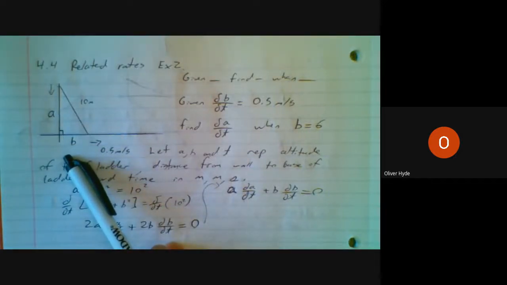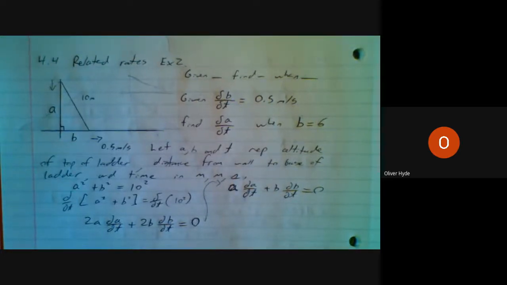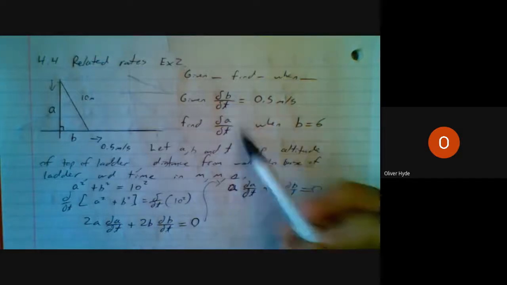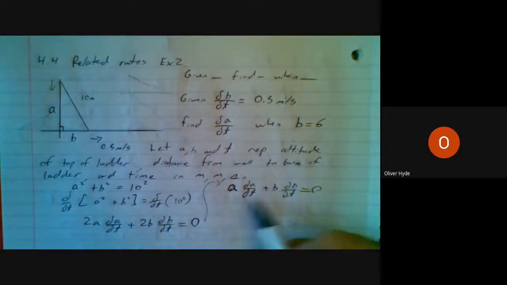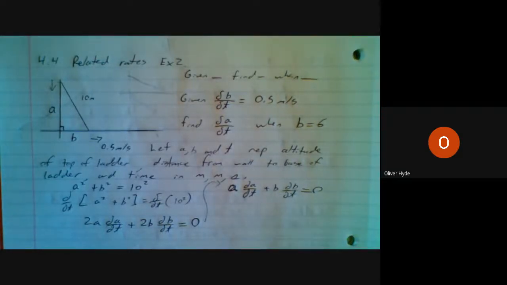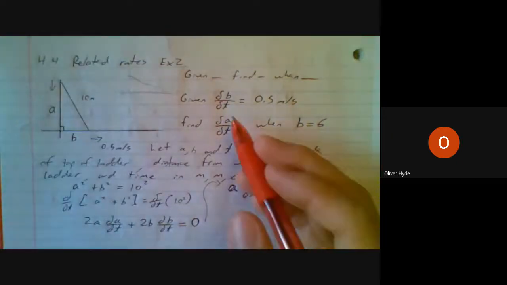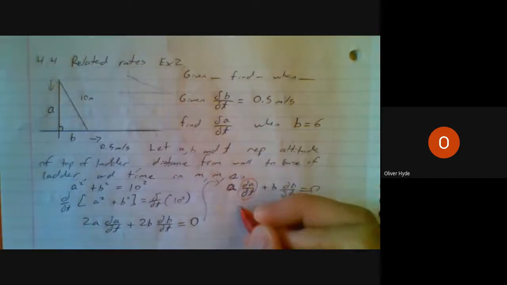The rate of change is going to depend on the other rate and the specific distances. But I'm still going to argue against isolation here and just say that we should be able to substitute in our given information and take a look at what's missing. So let's take inventory. This is what I want to find.